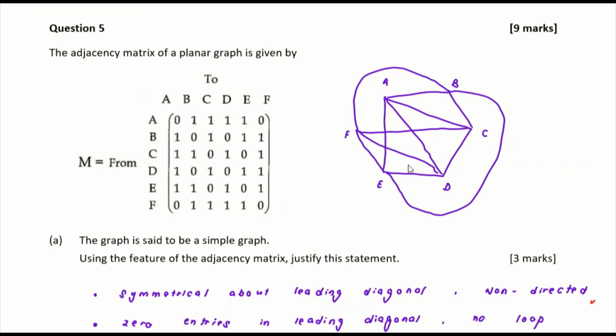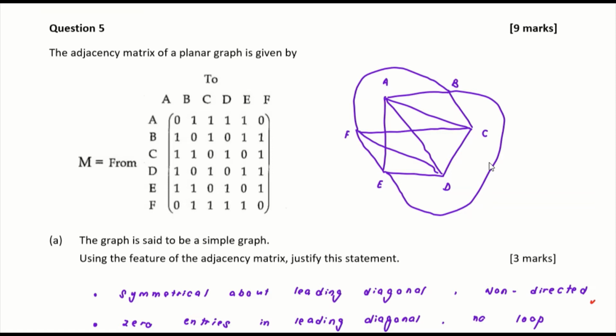So if you are taking out FD, then it's going to intersect here. If you are taking out AD, then definitely you can't, because you pass through both, right? Then if you want to take out FC, then it's going to pass through the edges here as well. So that's why you will need to redraw.